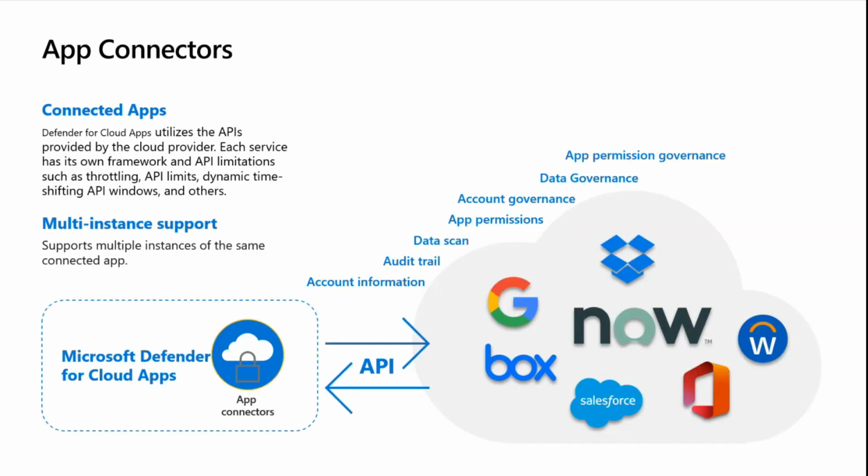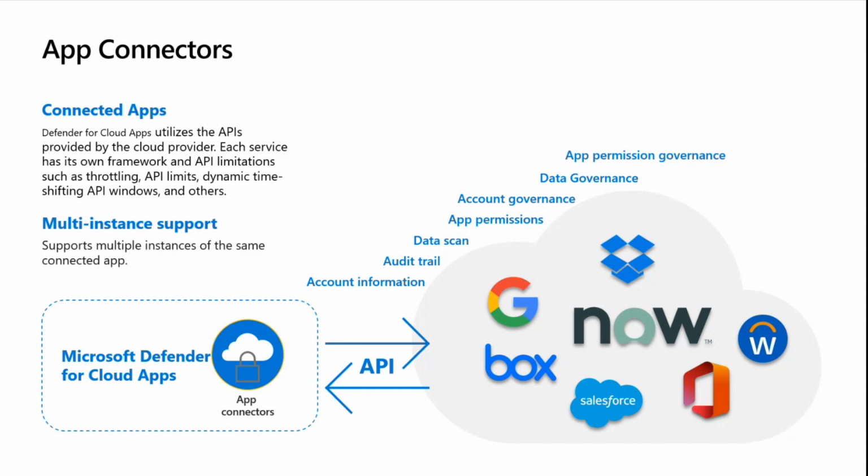So app connectors, that's the one I already mentioned, but this is how Defender for Cloud Apps can get knowledgeable on the inner workings of all these thousands and thousands of apps. That is accomplished by using what I mentioned briefly earlier, the app connectors, because app connectors use the APIs that are actually provided by the app owner, like the app creator in that sense, so that we can have greater visibility and control on that app through Defender for Cloud Apps.